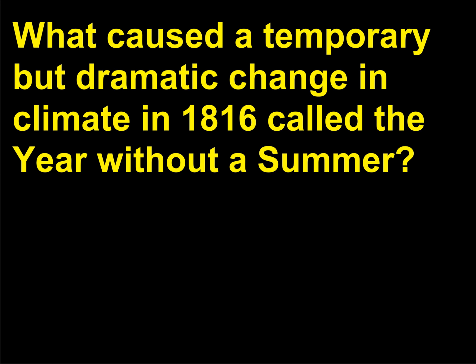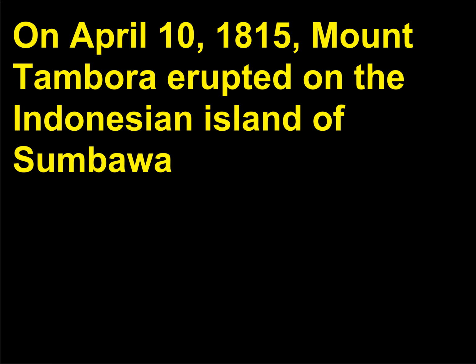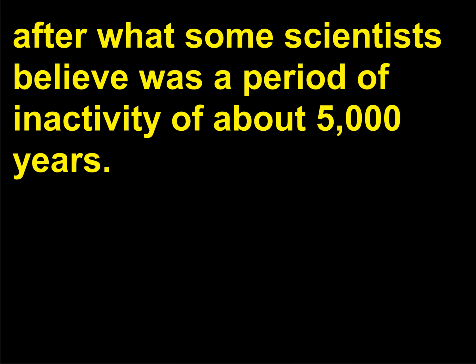What caused a temporary but dramatic change in climate in 1816 called the year without a summer? On April 10, 1815, Mount Tambora erupted on the Indonesian island of Sumbawa, after what some scientists believe was a period of inactivity of about 5,000 years.